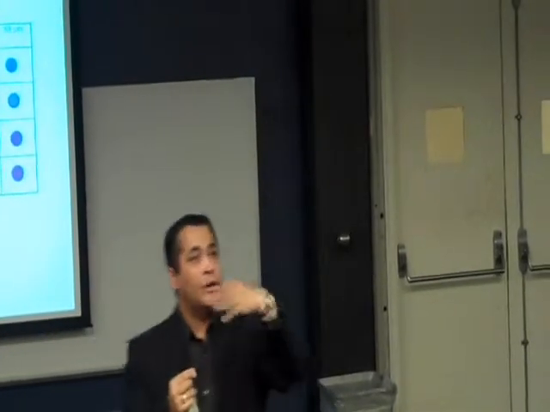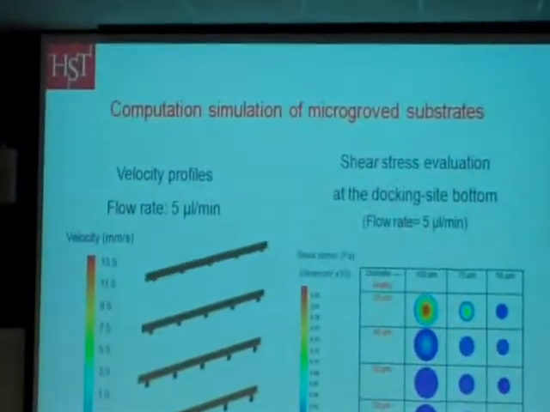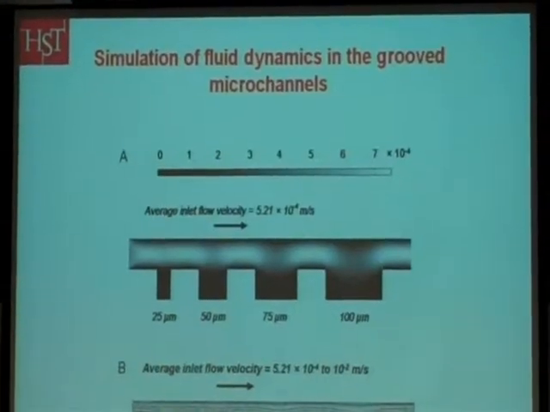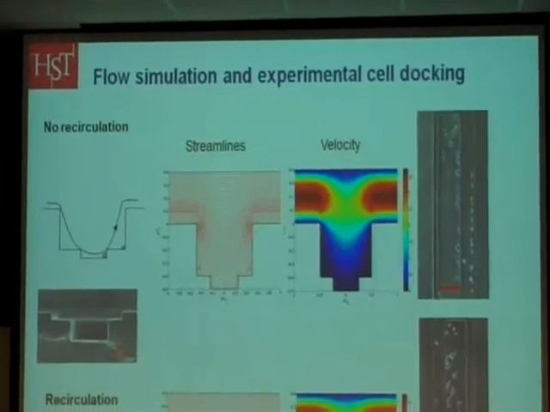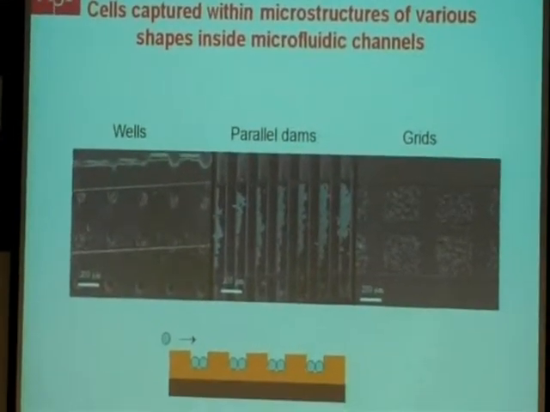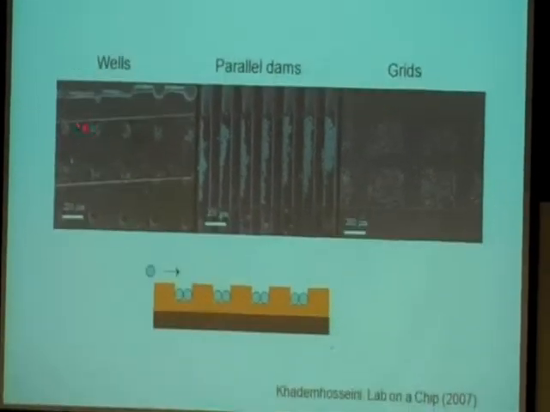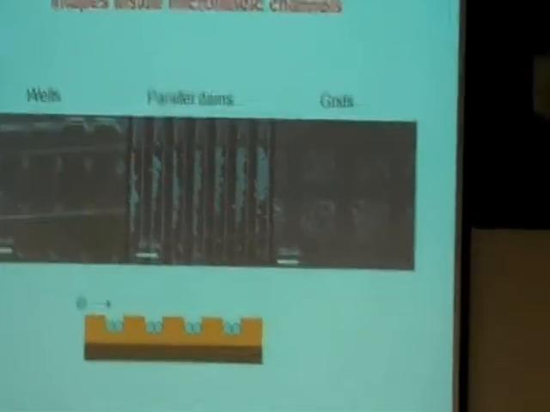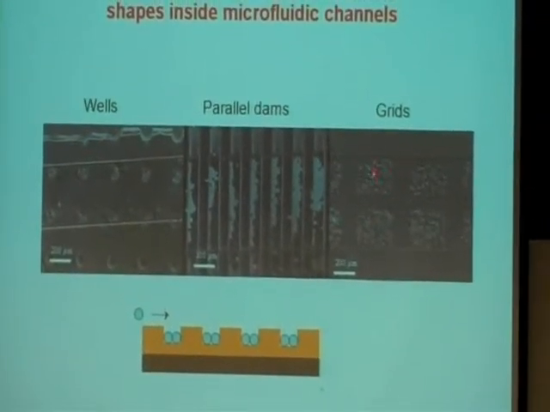So this means that if you have a little well, and you have a cell or a particle in there, then the cell or particle stays there, and the fluid passes over it. So just to show you some examples of this. Okay, we can go here. So this is an example of this. You see these little wells, and these little dams, and these little structures here.